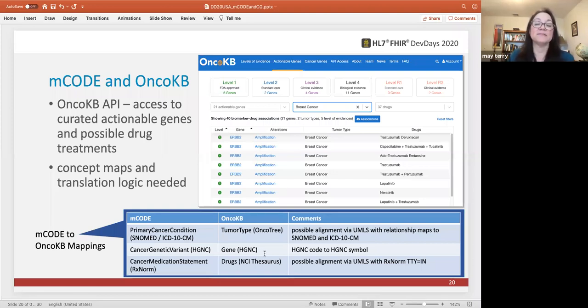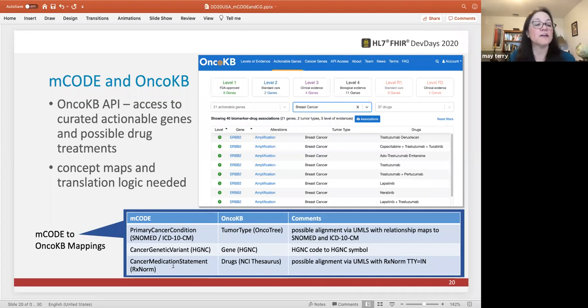But it is possible to have returned something like, if I pass ERBB2, which is the HGNC symbol, the tumor type, which would be a mapping to OncoTree because that's the way they have their cancers organized, as well as the drugs, for which they currently return an NCI Thesaurus code. There would be a little bit of alignment that would be needed.